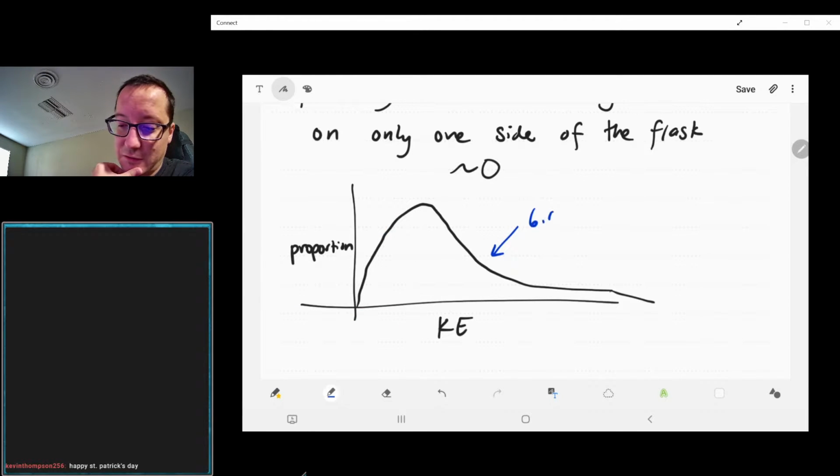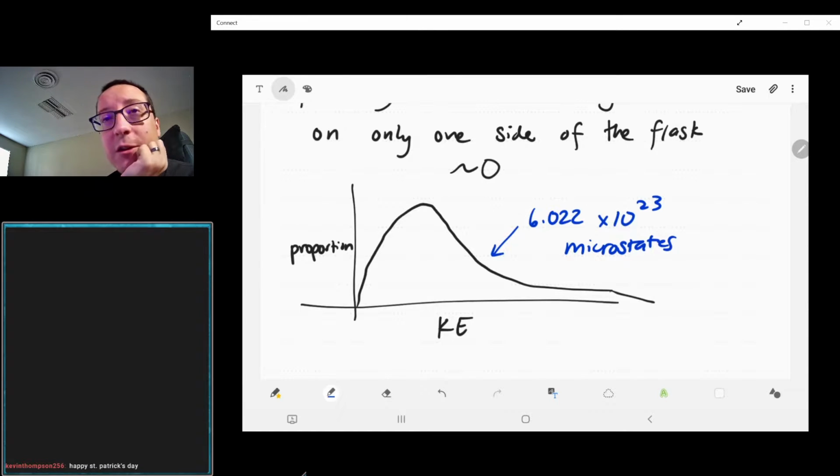And we can see that potentially we have, for 1 mole, 10 to the 23 microstates. So each of these individual points in here is a microstate. Or rather, each line is a microstate, and it might be populated by a whole bunch of different molecules.